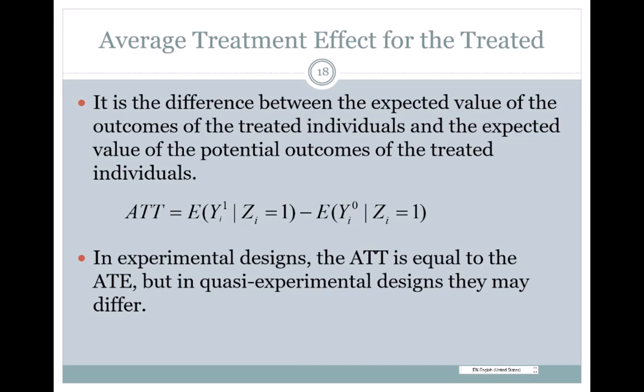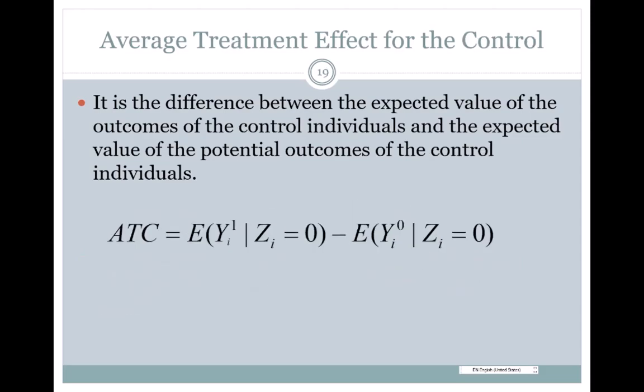It may be that those that choose to be treated will have a higher effect than those that choose not to be treated. Okay. Conversely, you could also potentially estimate the average treatment effect for the control, which is the difference between the expected value of the treated outcome for those that are not treated and the expected value of the control outcome for those that are not treated.